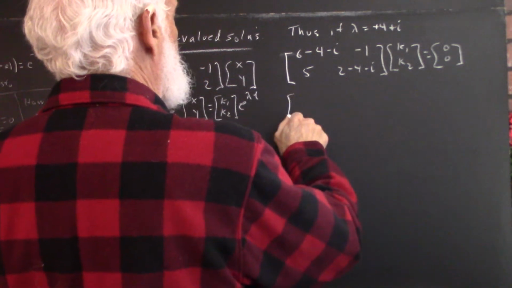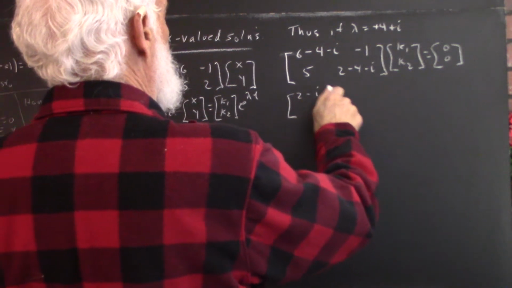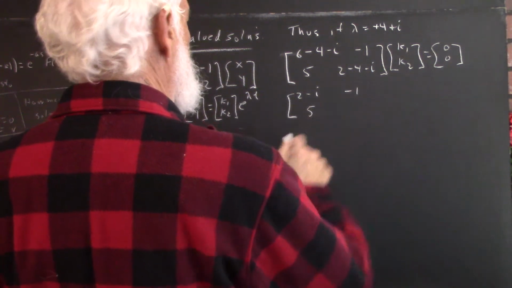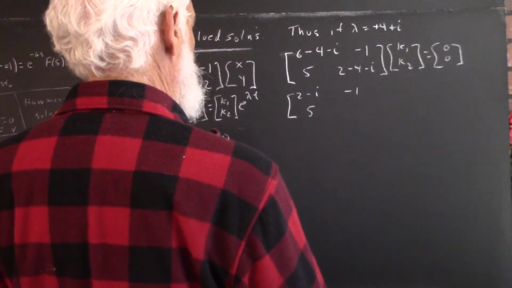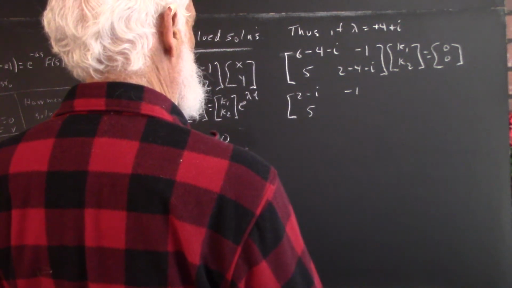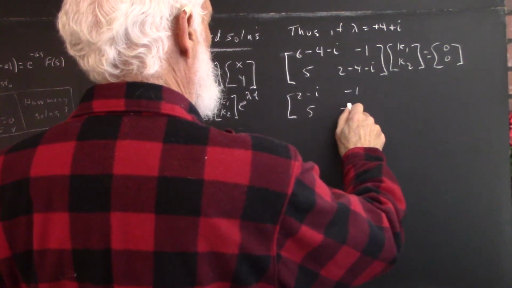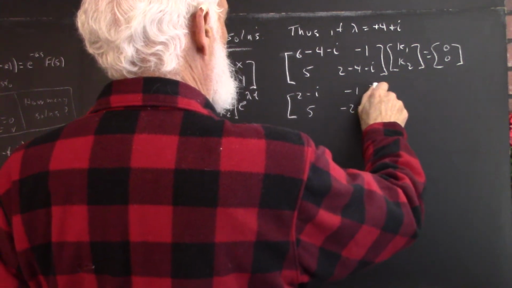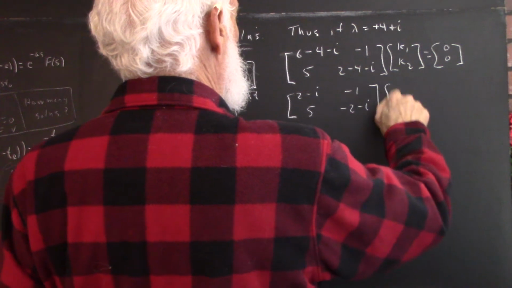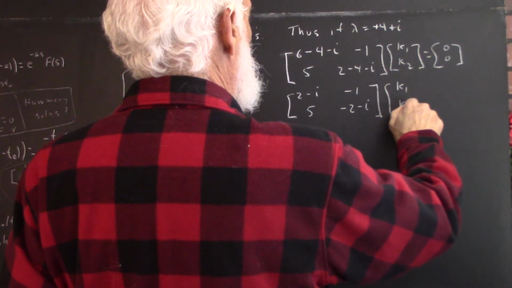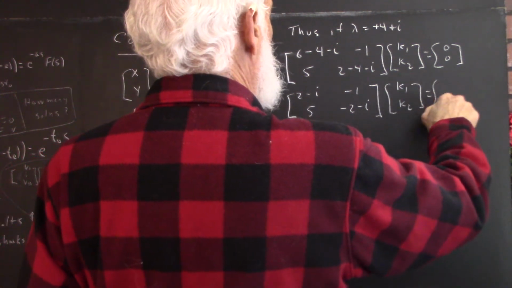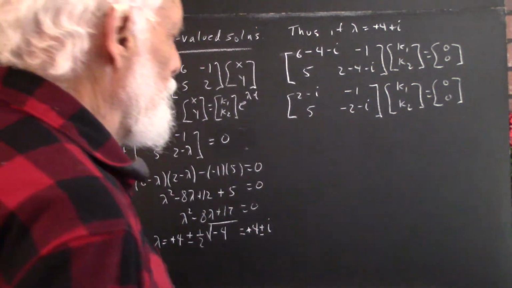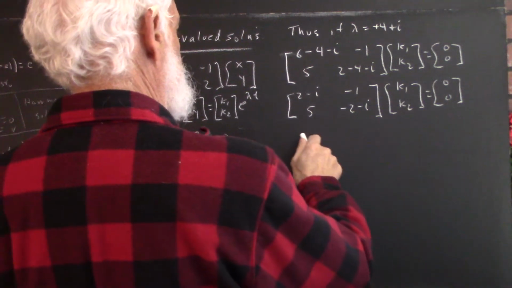Which is then 2 minus i, negative 1, 5, negative 2 minus i.